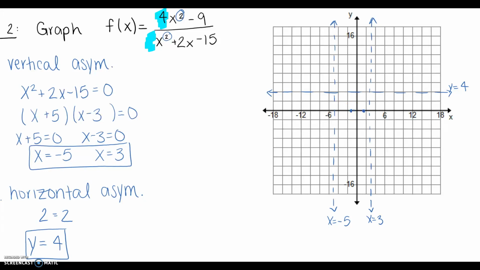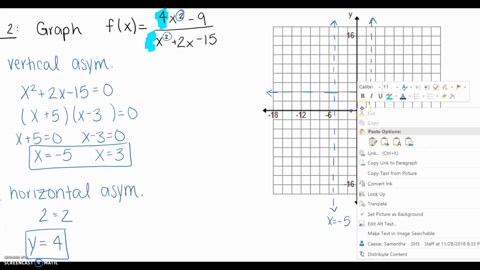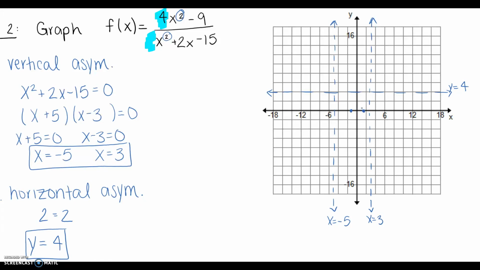And then our y-intercept is at 0.6. It's going to be really low. Because we have vertical asymptotes, it's looking like a little parabola almost. We can go ahead and make our curve.